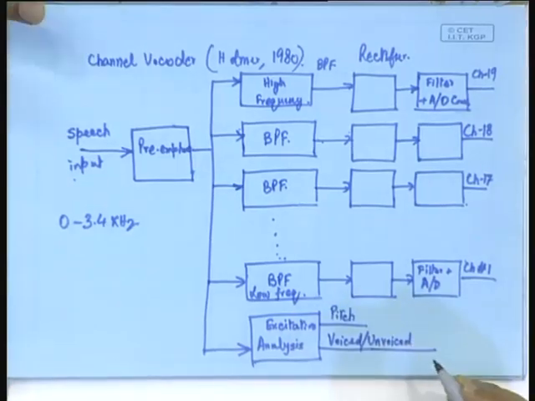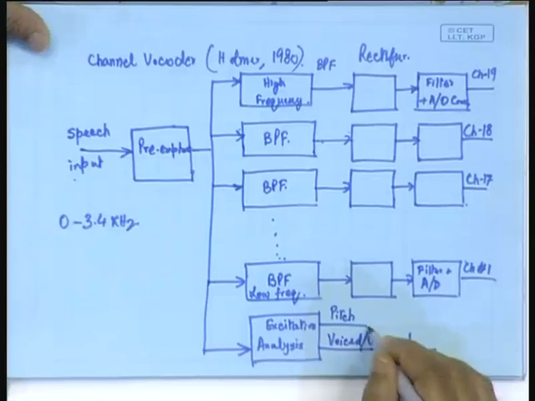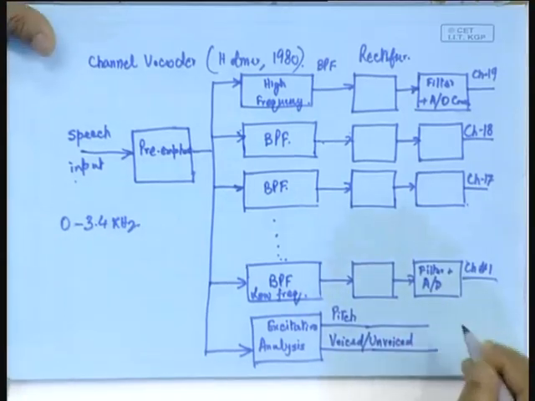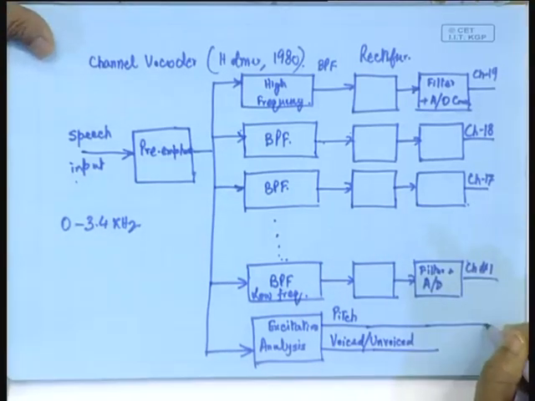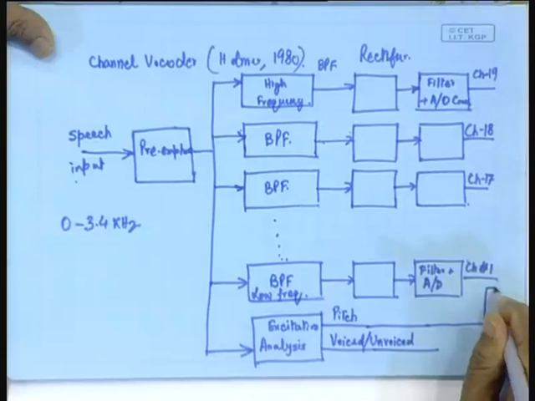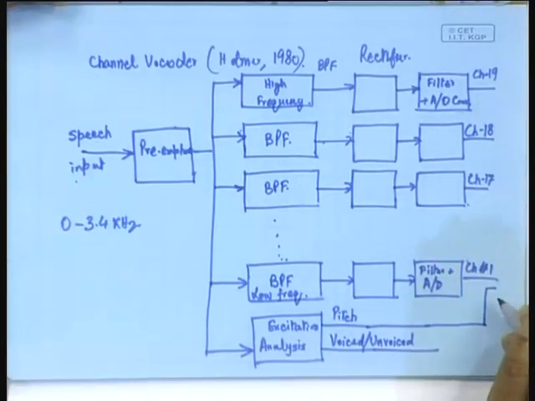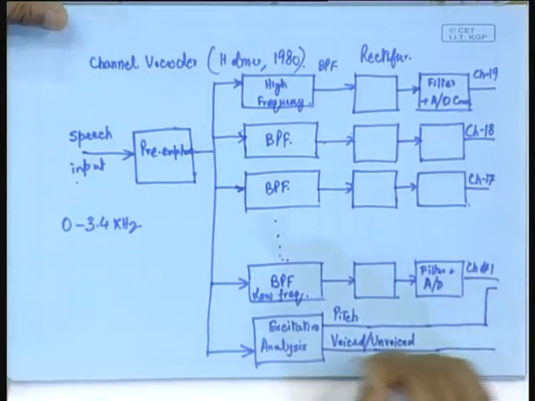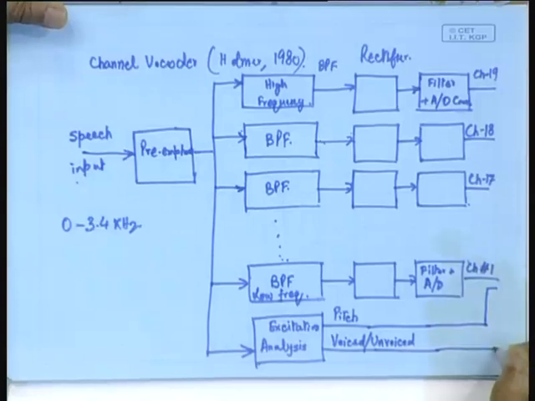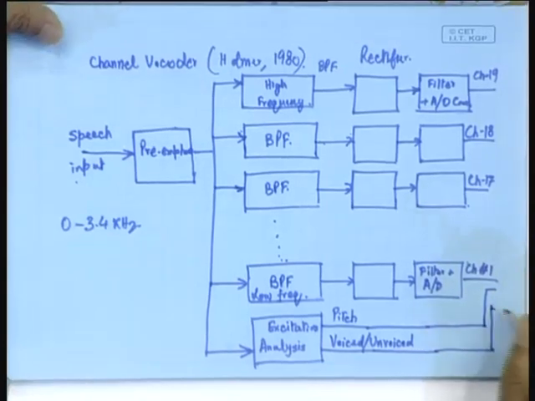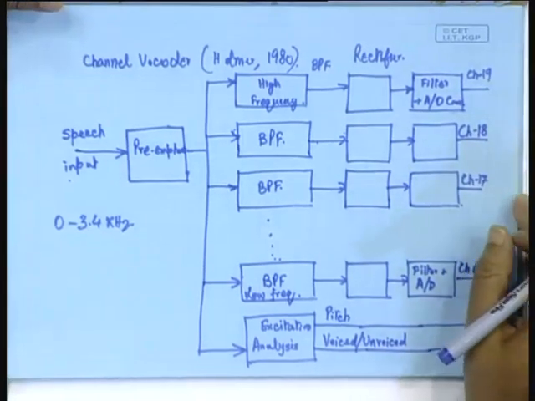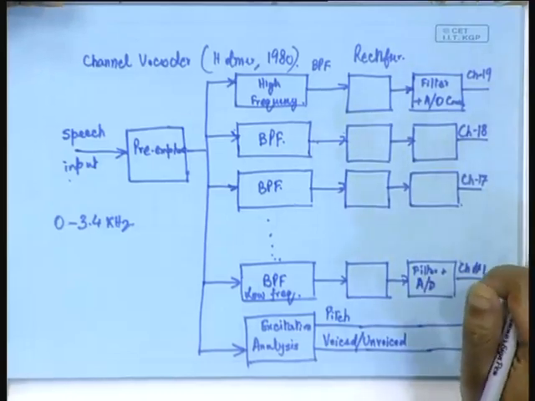It is a binary decision that either it is voiced or it is unvoiced, and accordingly all this information, that is, the 19 different filter bank outputs and this voiced unvoiced flag, everything together will be fed to the encoder.